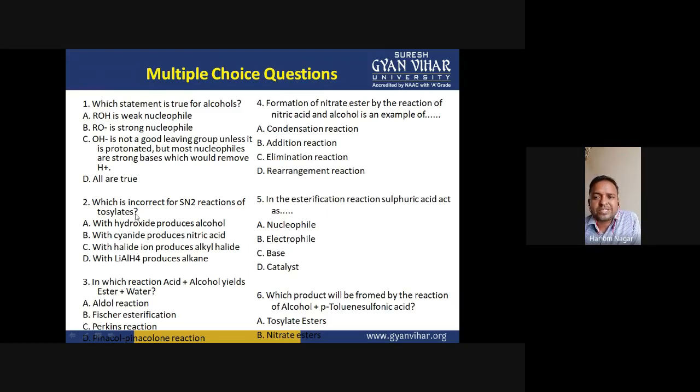The second question is which is incorrect for SN2 reaction of tosylate ester. With hydroxide it produces alcohol. With cyanide it produces nitrile. Sorry, this is not incorrect; we are talking about the correct statement here. So with halide ion it produces alkyl halides.